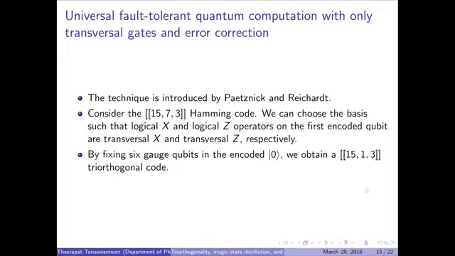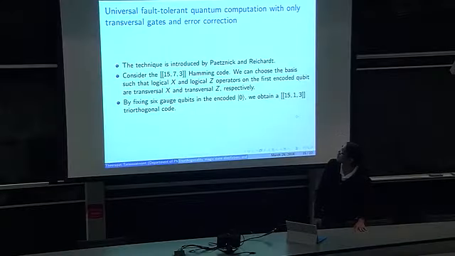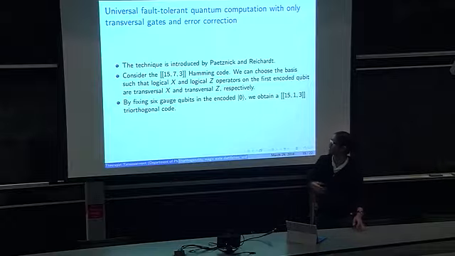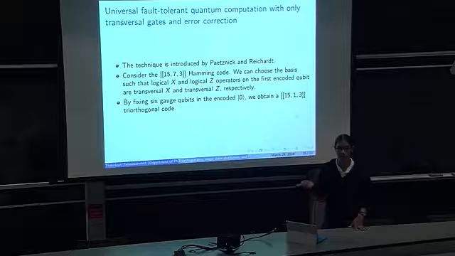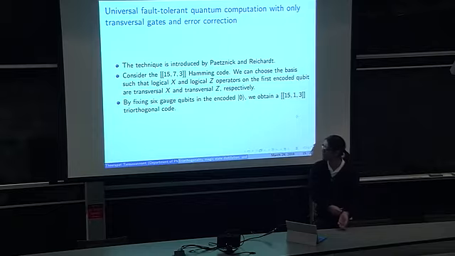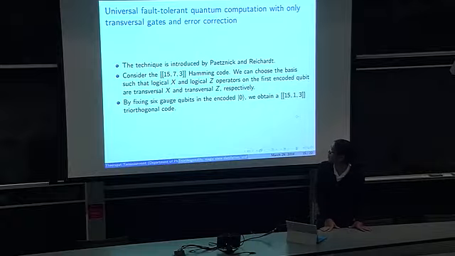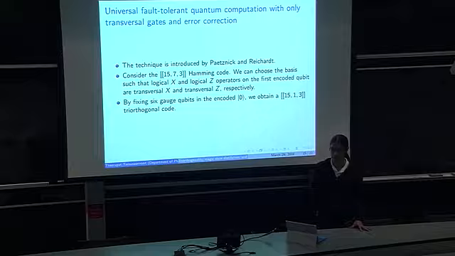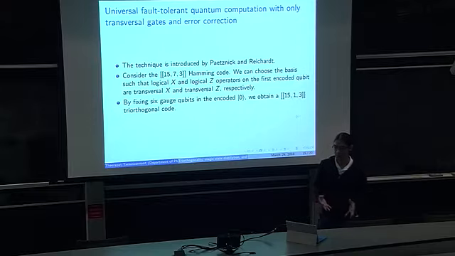Okay. Another application of the triorthogonal code is that Paetznick and Reichardt showed that in the triorthogonal code, the controlled Z gate is transversal. So in their paper, they construct a triorthogonal code from the 15-qubit Hamming code by choosing the basis such that the transversal X and transversal Z on that code is a logical X and logical Z on the first encoded qubit.